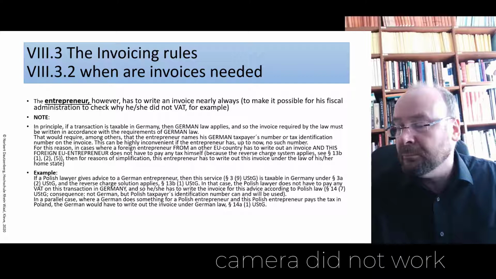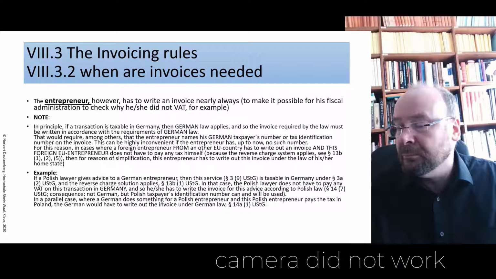What you now must know, there are still some minor details which are different in the law of the different EU member states. So when a transaction is taxable in Germany, then German law applies and it's not taxable, let's say, under Spanish or Dutch law. Now imagine an entrepreneur is Dutch, but has done something which is taxable in Germany.